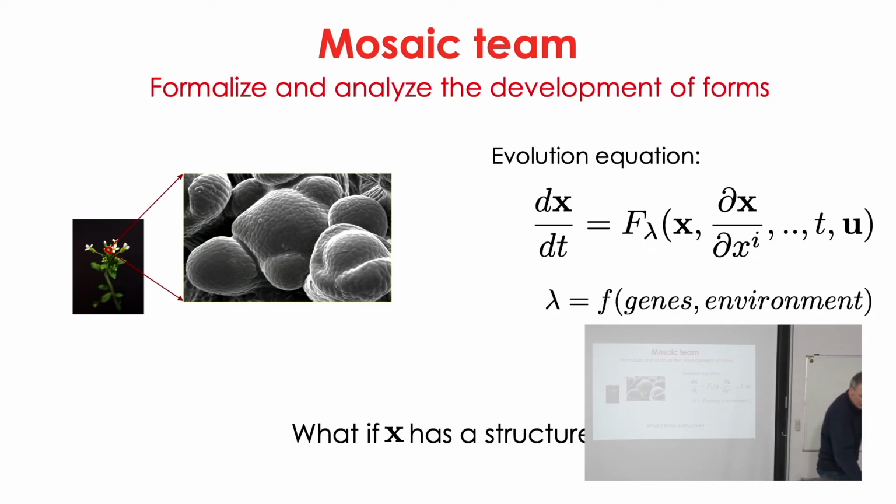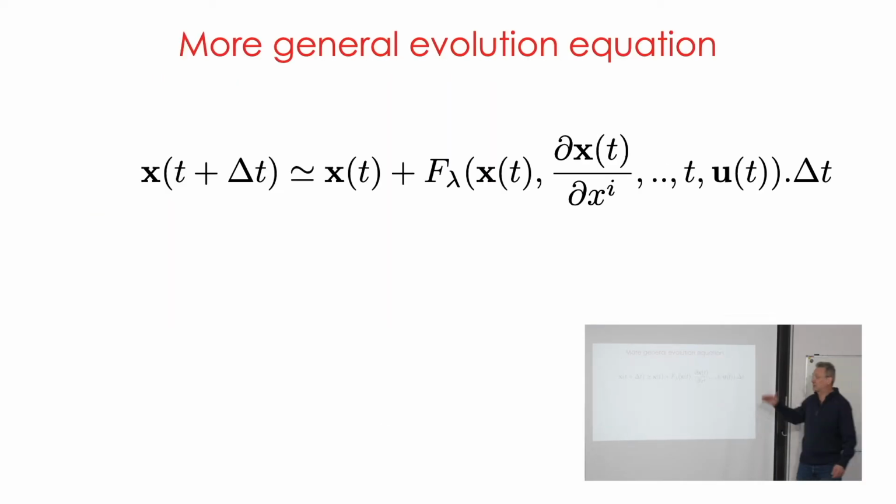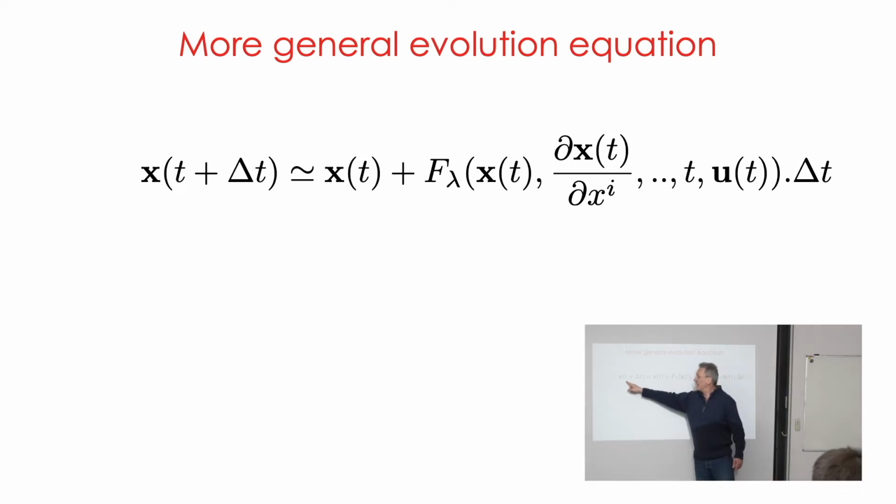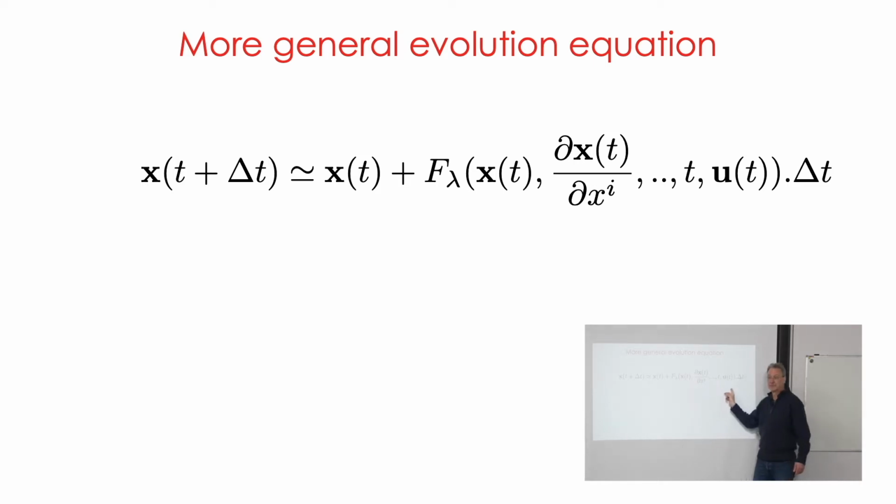So a change in the evolution of the state consists of discretizing the function, and I say my x at t plus delta t is my x at t plus my function multiplied by this delta t. Okay? So this is the usual way people integrate the differential equation that was written before. But it no longer works.